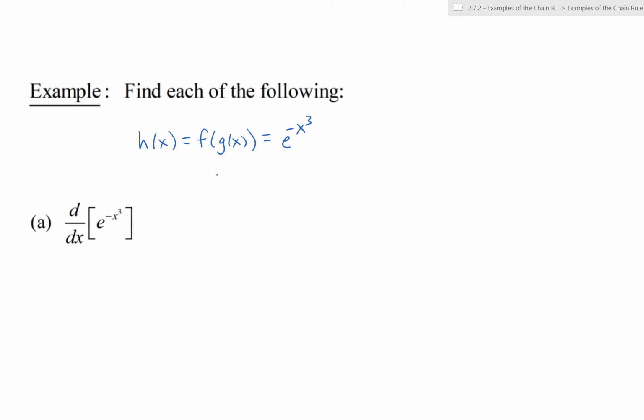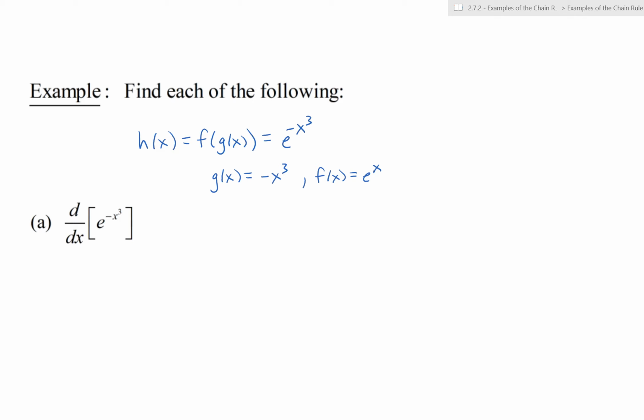In this case, g of x is negative x cubed, and f of x is e to the x, so that if I replace the x in f of x with negative x cubed, I get exactly this composite function, e to the negative x cubed.